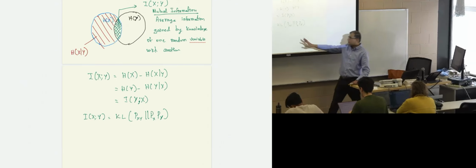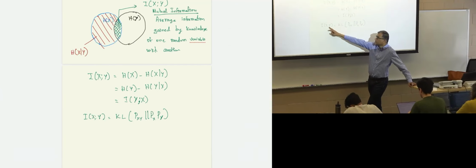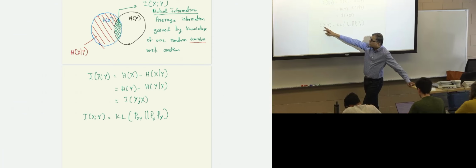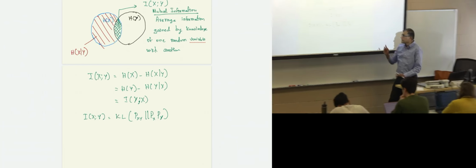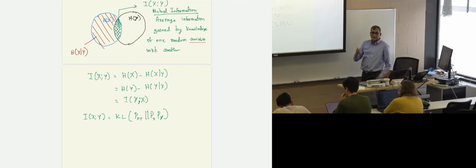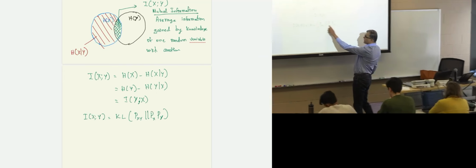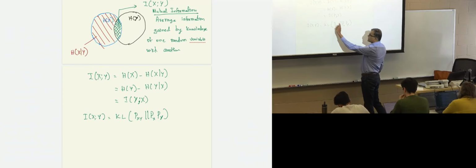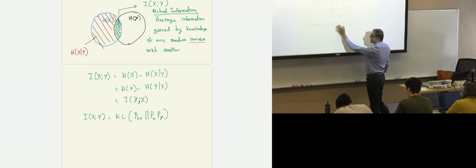So in that sense, you can think about I of x comma y as measuring the excess bits of writing a code assuming x and y are independent distributions versus the actual code length.